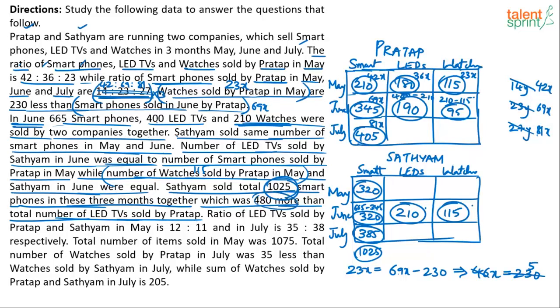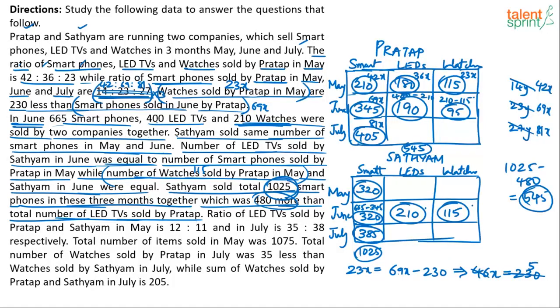See, he's saying this 1025 is 480 more than the number of LEDs sold by Pratap. So total number of LEDs sold by Pratap is 1025 minus 480, which is equal to what? 545. Yes or no? 545. So basically, total of LEDs sold by Pratap is 545.